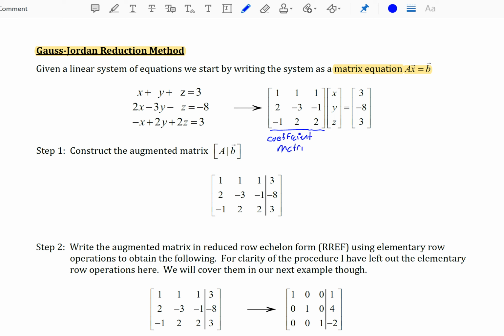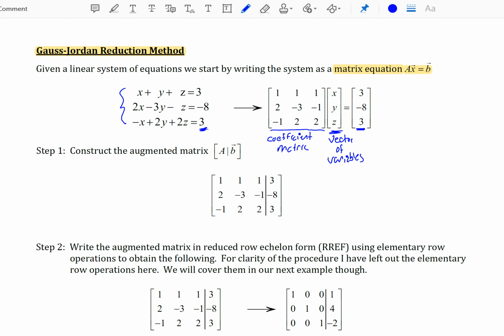This would be the matrix of the coefficients of our initial system, multiplied by a column vector of variables. And this will equal the right-hand side, a column vector that was just your constants on the right-hand side.